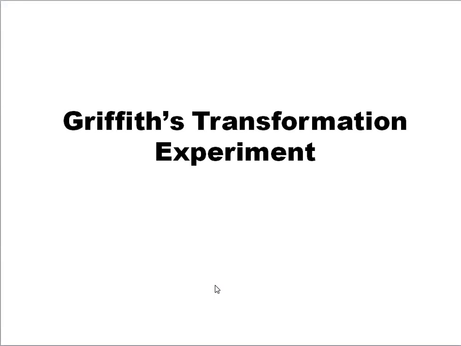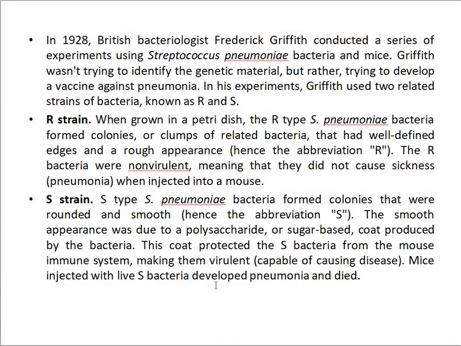First of all, we will discuss Griffith's transformation experiment. Now, in 1928, Griffith conducted experiments in which he used the bacteria Streptococcus pneumoniae. This bacteria causes the disease pneumonia, and he also used mice.